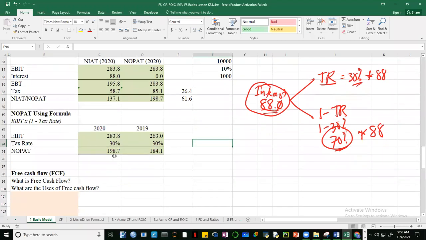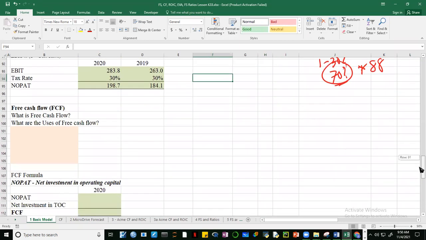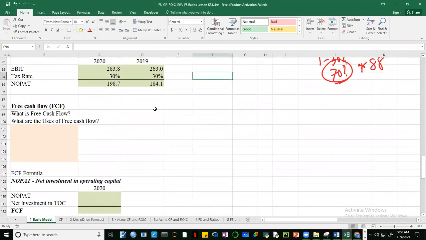Now, the NOPAT will be used later on. We're going to assess the company's performance based on the operating profit after tax. All right. Now we go to the concept of free cash flow. As the name suggests, it's free. Free for what? The reason why it's called free cash flow is because it's free for distribution to investors. So let's define this.